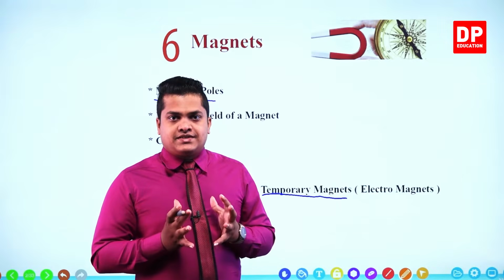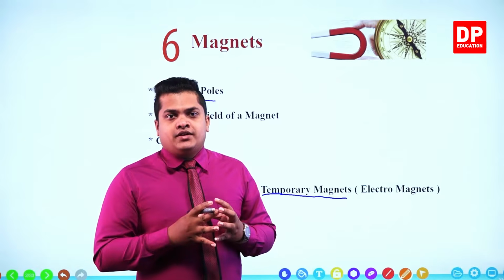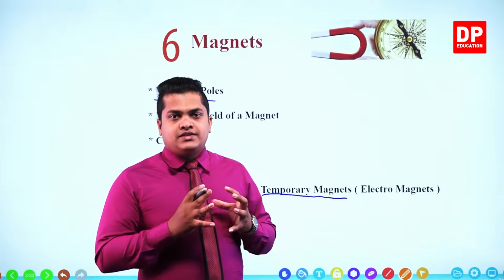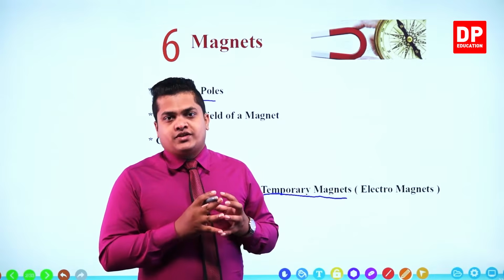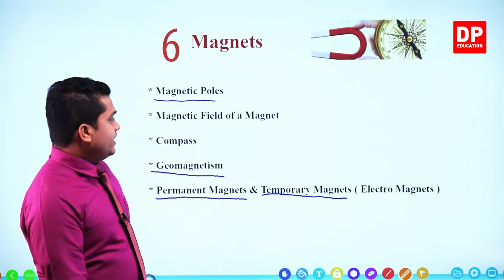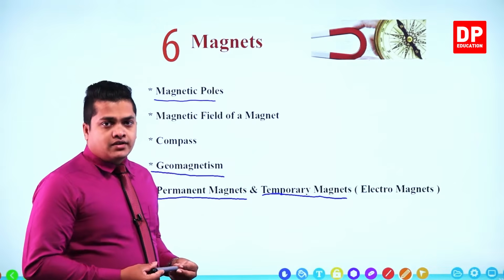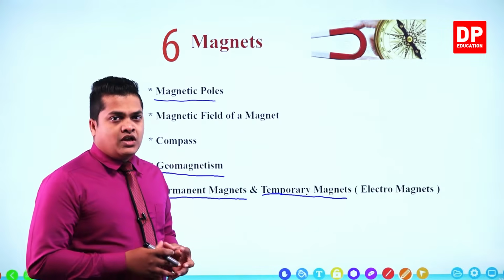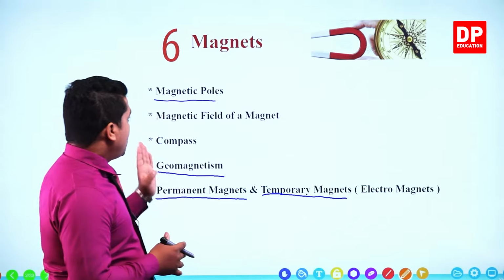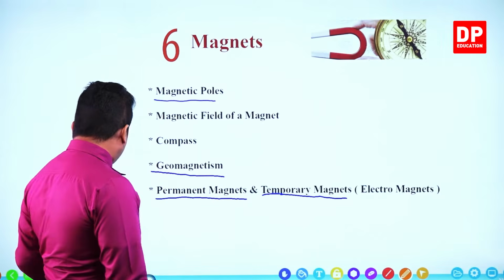We'll be discussing how to create an electromagnet, and what things are needed and contained in an electromagnet. So these are the areas we'll be discussing in the magnets lesson. We'll move on to the first chapter, the magnetic poles.